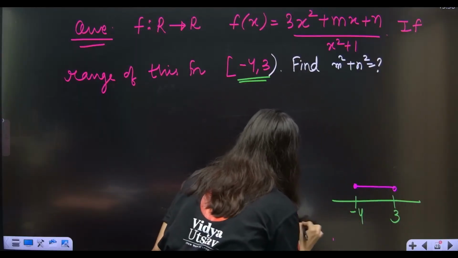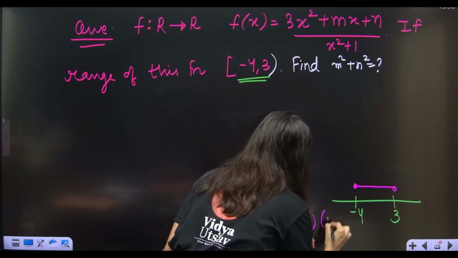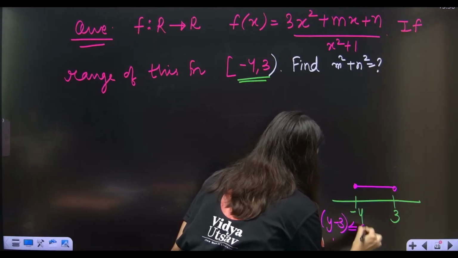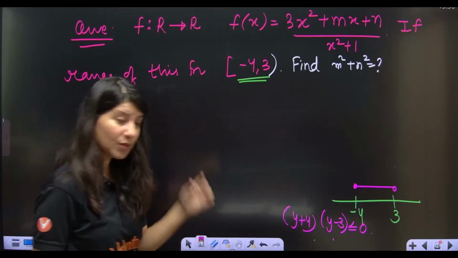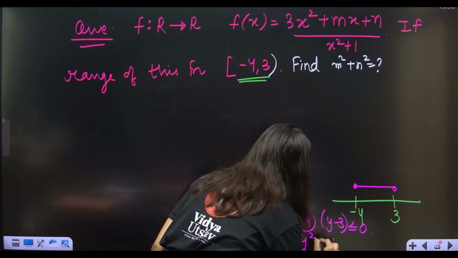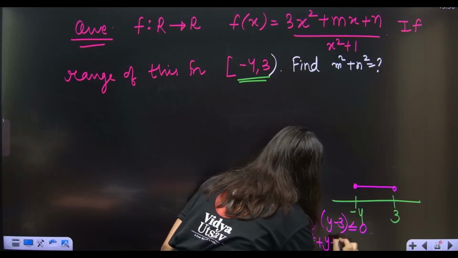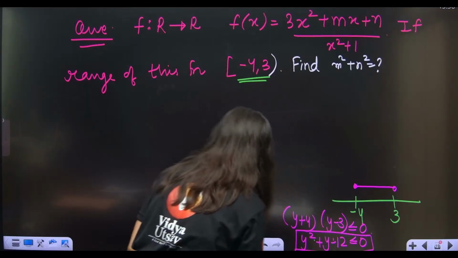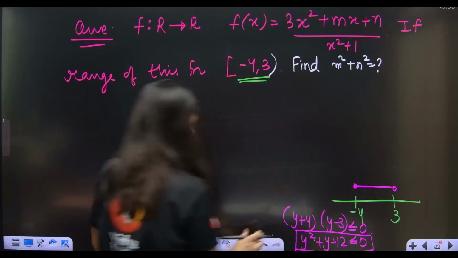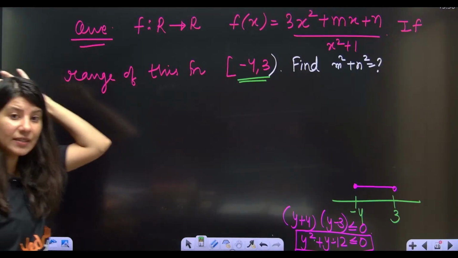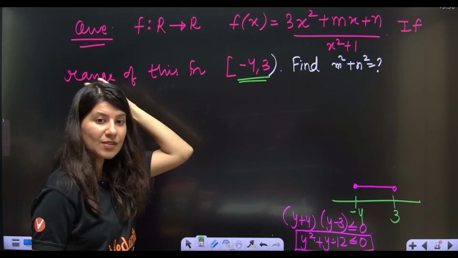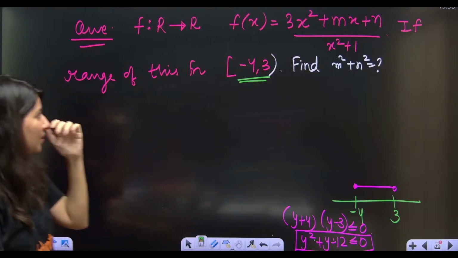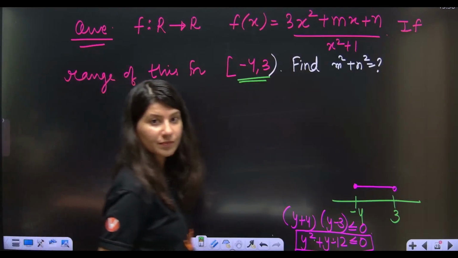So it will be (y plus 4)(y minus 3) less than or equal to 0. This is your quadratic. So y square plus y minus 12 is less than or equal to 0, everybody. Getting it? Understanding it?